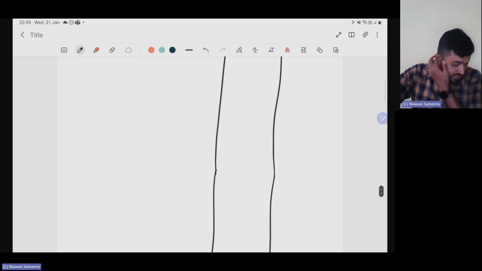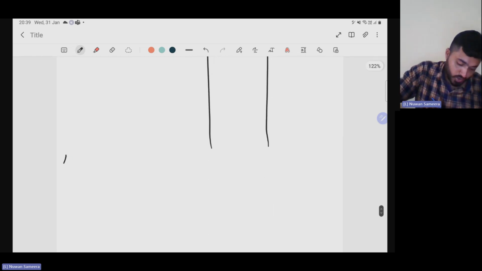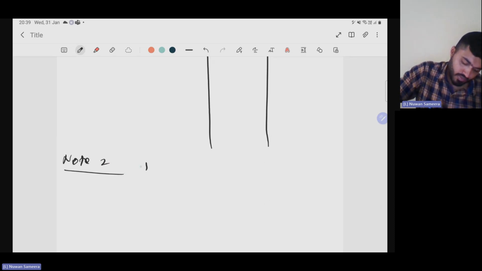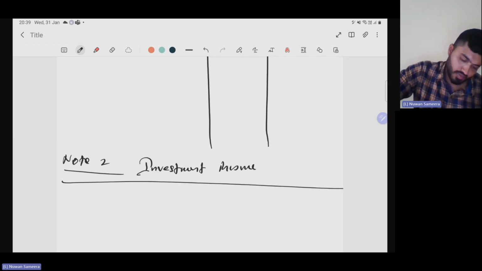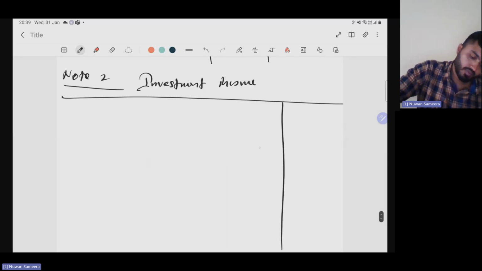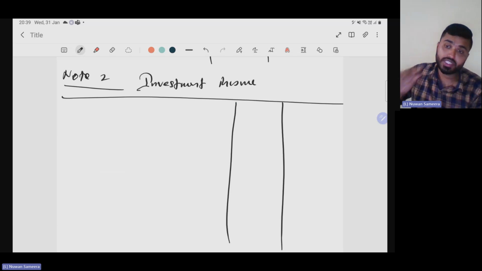So this is the business income calculation. Then you can have note 2 if there is an investment income.